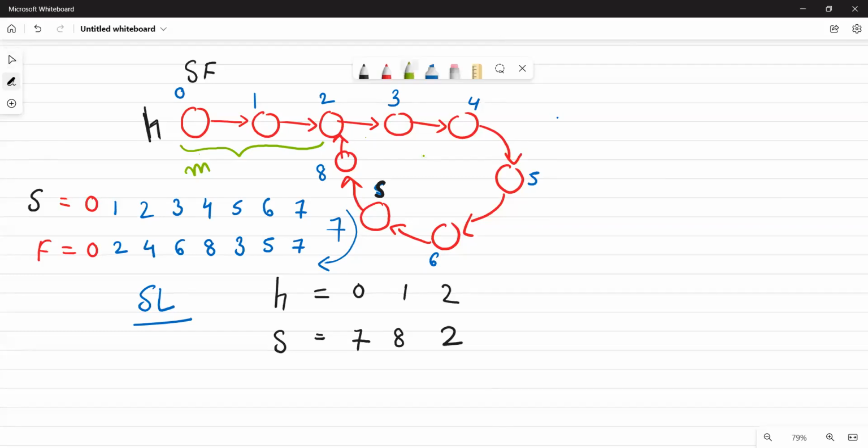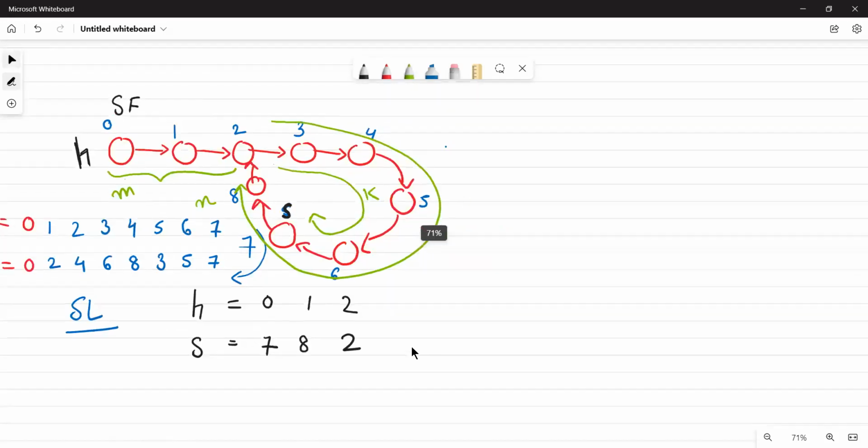So what I'm trying to say here is M, and consider up to where your slow was as K, and the entire loop that you're running into is N. So overall, the distance that your slow pointer is gonna move is M plus wherever K it has met, plus there are chances that it is gonna move n times in this circle.